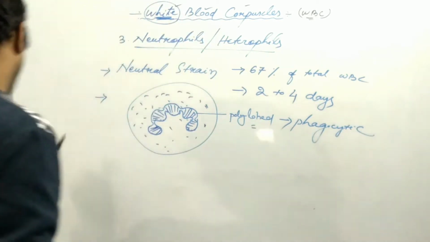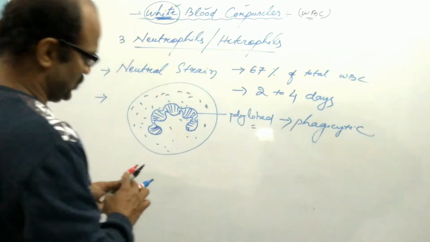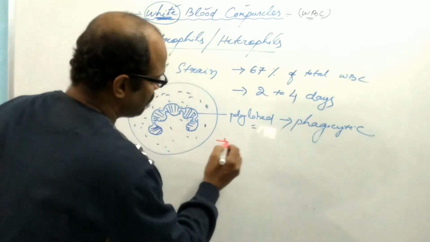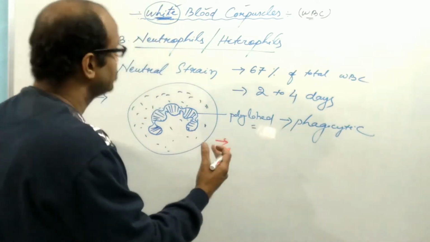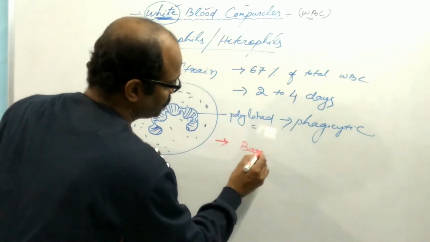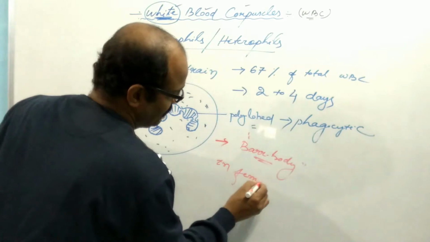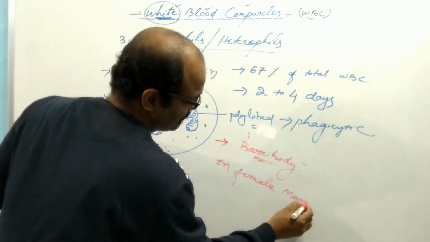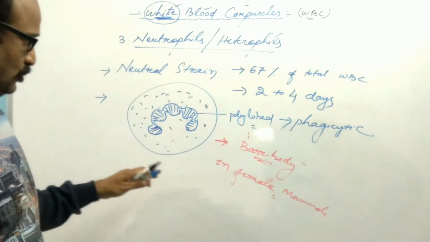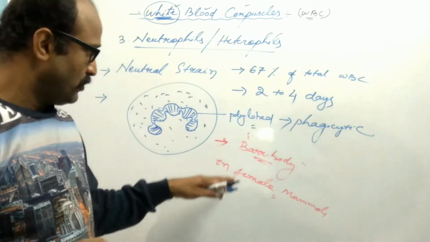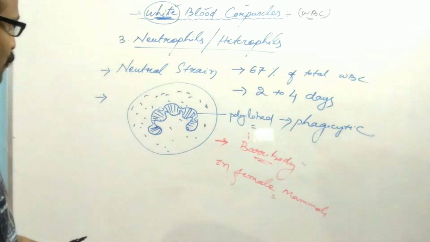In the case of mammalian females, the bar body may be seen in the neutrophil. This is the inactivation of one X chromosome. Out of 2 X chromosomes, one X chromosome may be inactive, which forms the bar body, and which is seen easily in the neutrophil.